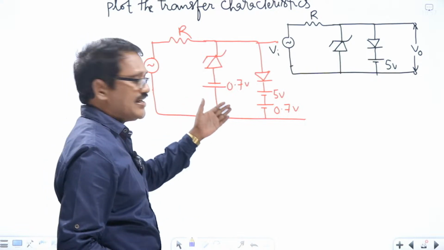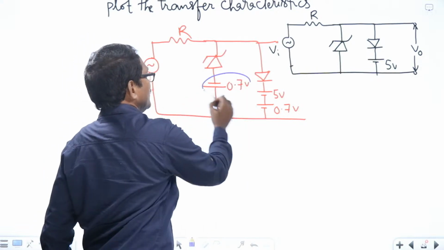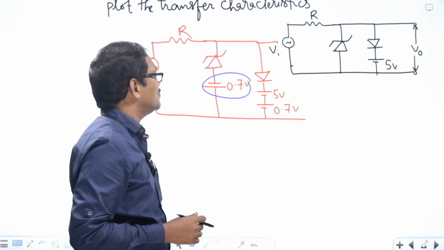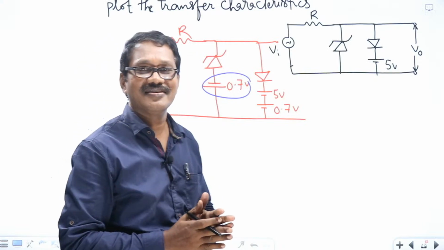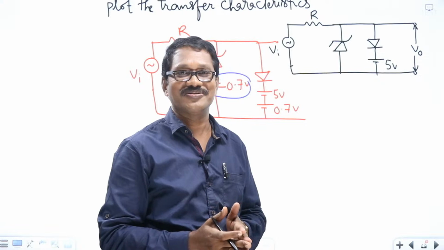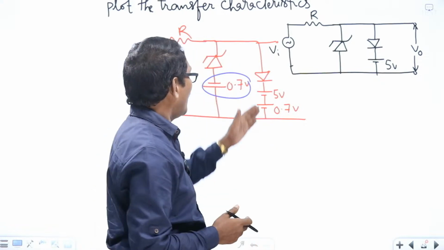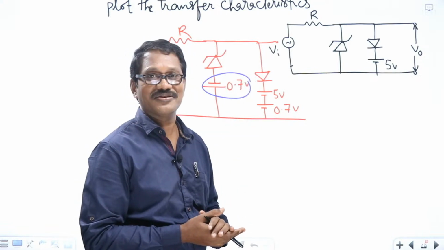First case: if VA is less than minus 0.7 volts, then what happens? The Zener diode becomes forward biased, can be replaced by a short circuit. So minus 0.7 volts will be here. And the normal diode is off, can be replaced by an open circuit.